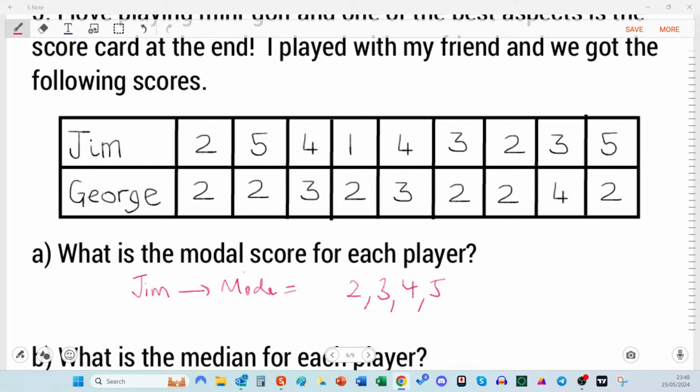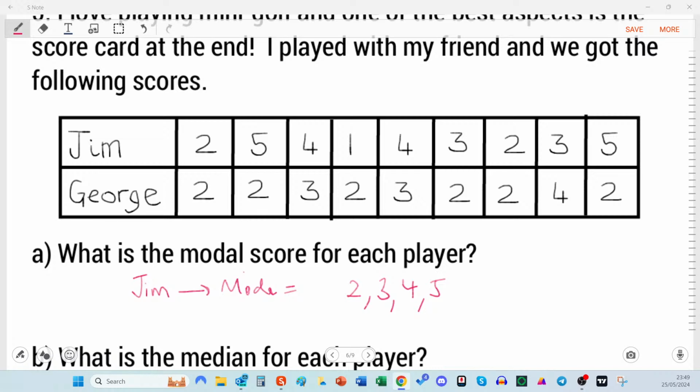So 1 second. Okay, that was very, very fancy water.